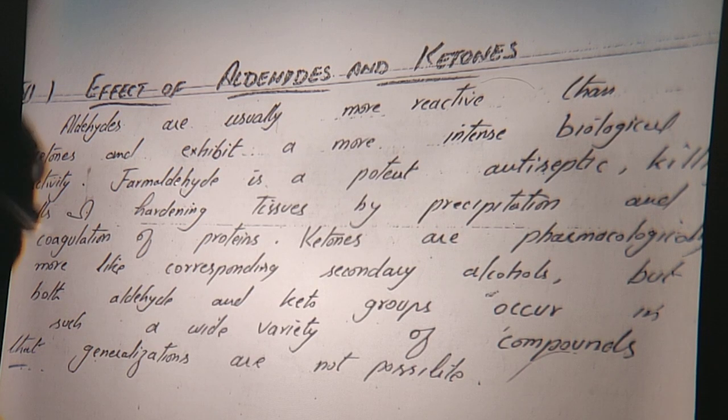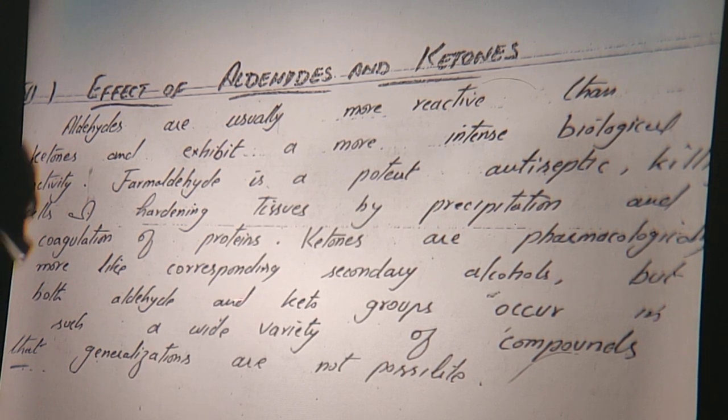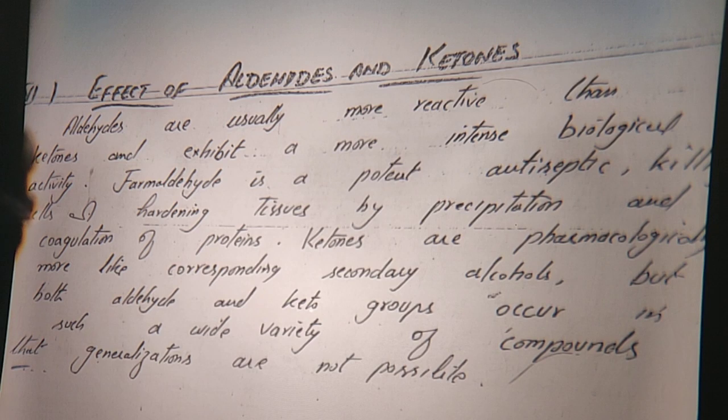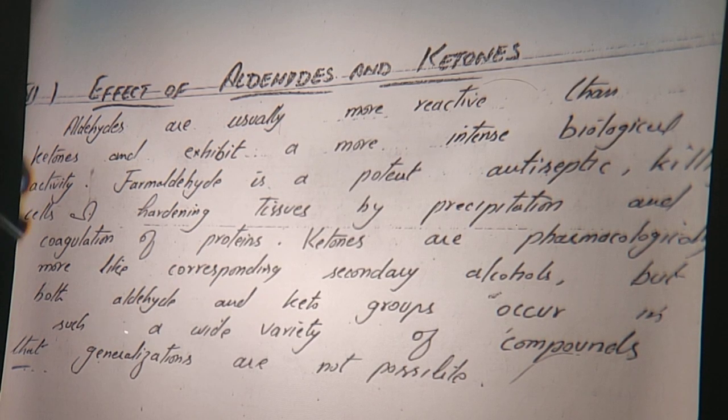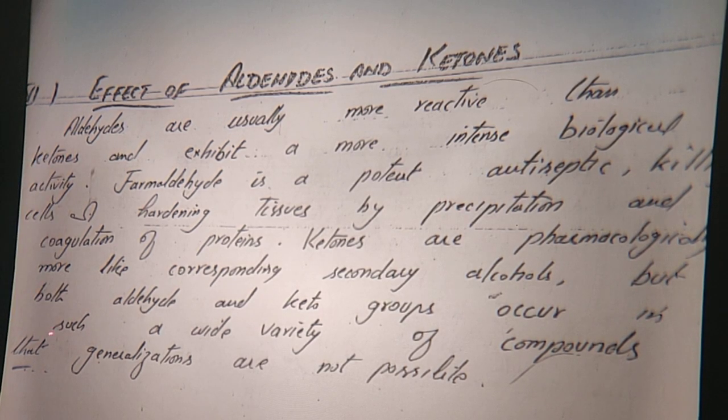For example, formaldehyde is a potent antiseptic, killing cells and hardening tissue by precipitation and coagulation of protein. Ketones are pharmacologically more like the corresponding secondary alcohols, but both aldehyde and keto groups occur in such a wide variety of compounds that generalization is not possible.